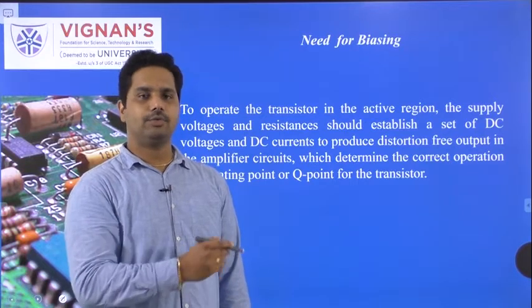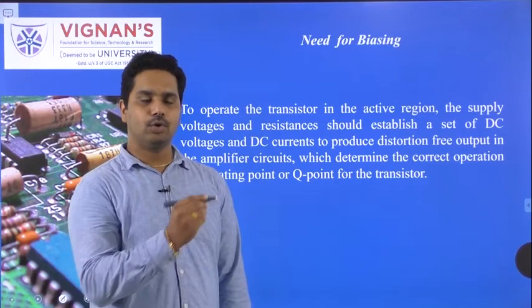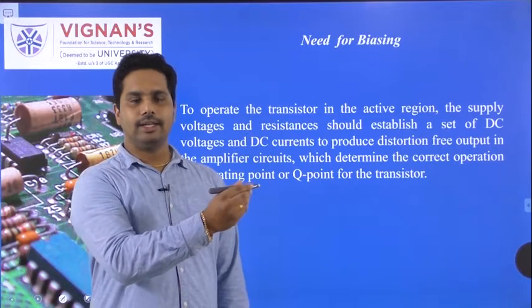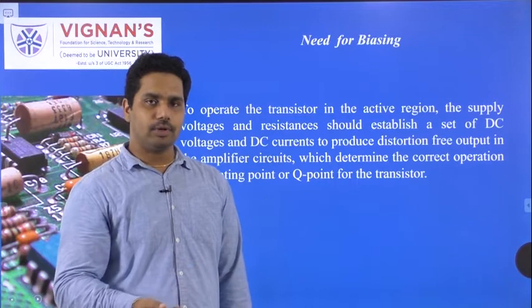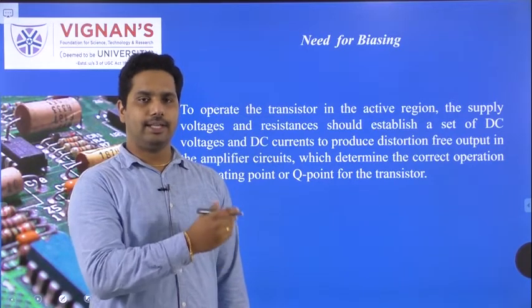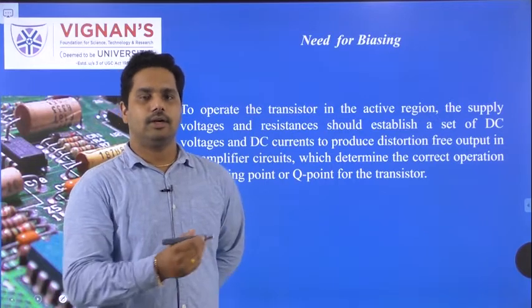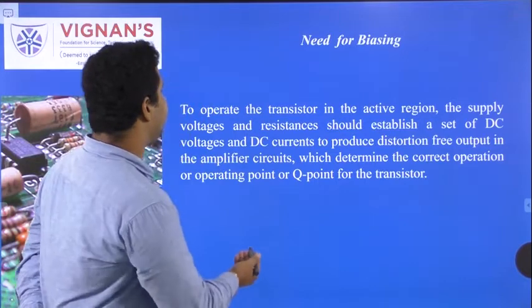So we need faithful amplification. If you need faithful amplification, you need the Q point in the active region, or I can say in the middle of the DC load line. So in order to get the proper Q point, you have to choose the appropriate DC power supply values and resistances to get that Q point in the active region. That is the need for biasing.